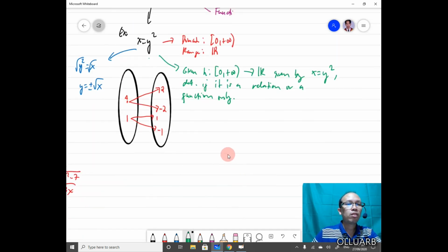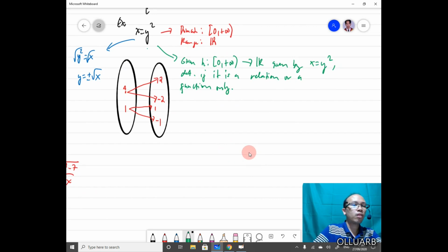The test is called the vertical line test.